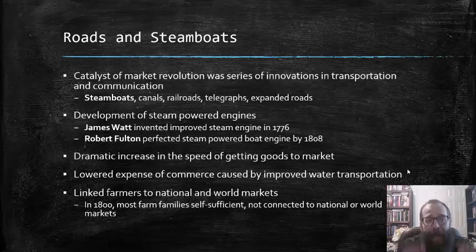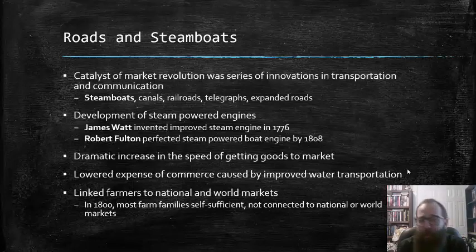It also drastically lowered the expense of commerce, particularly around those transportation costs. And for the first time, it linked farmers, particularly in rural areas far from the urban centers where markets had traditionally been held. It linked them to national and world markets.